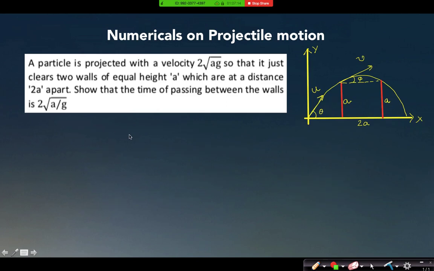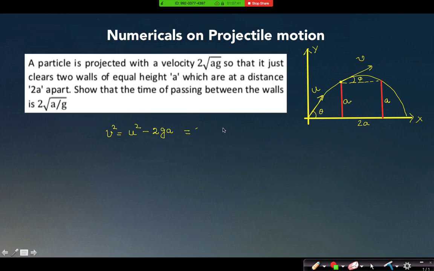Now tell me, can I write v square equal to u square minus twice g into a for this question? Yes. So in that case, u is given as 2 root ag, that means u square is 4ag, minus 2ag.